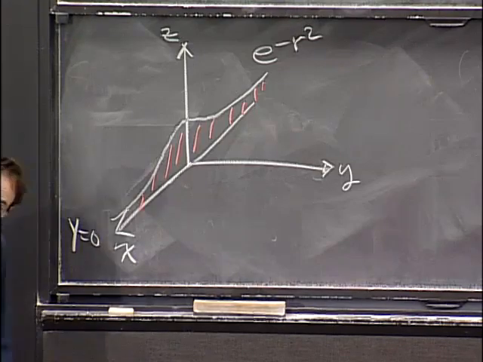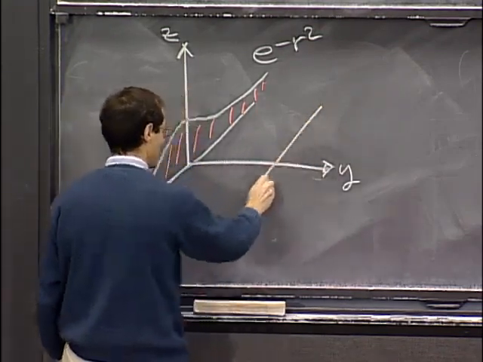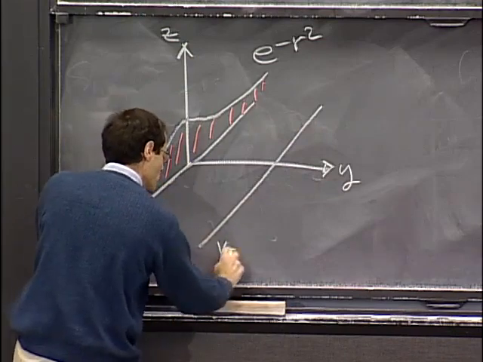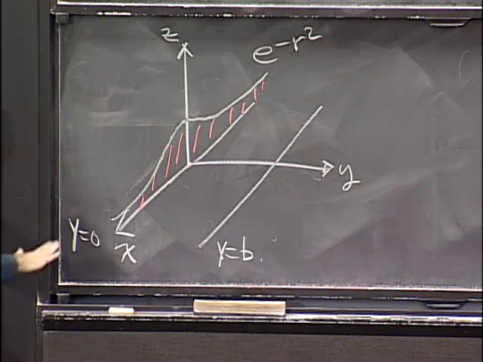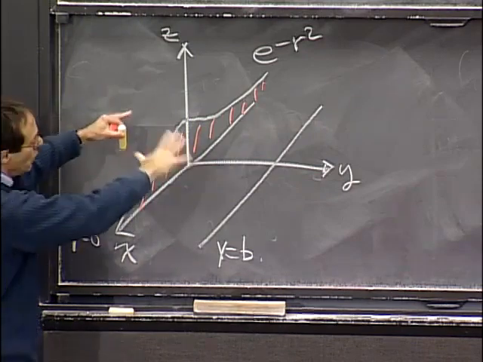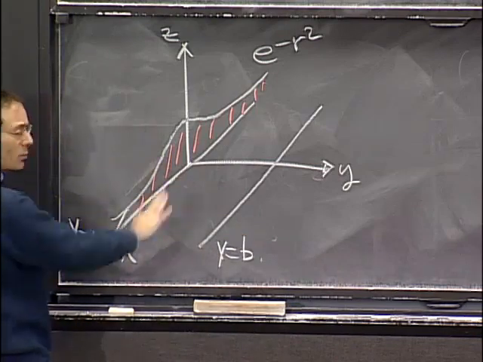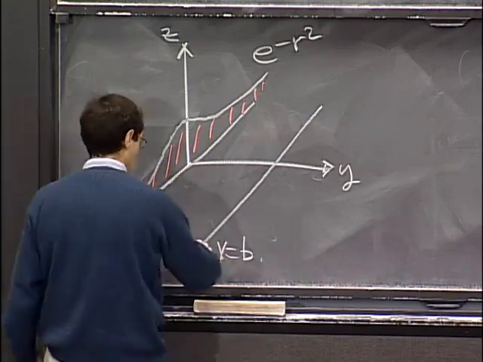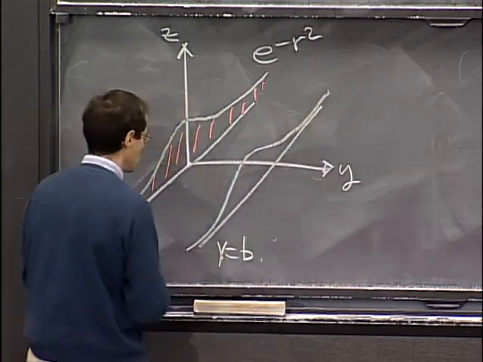Now I'm going to draw one more slice so that you can see what's happening. I'm going to draw a slice at another place along here. This will be y equals b, some other level. And now I'm going to show you what happens. What happens is that the hump dies down a little bit, so the bump is just a little bit lower. It's going to look a little bit the same way, but it's just going to be a bit smaller.